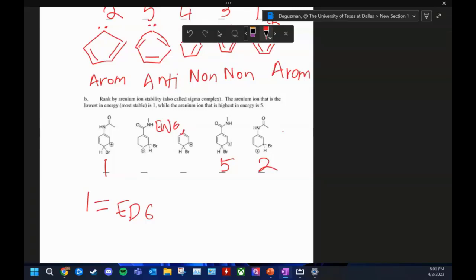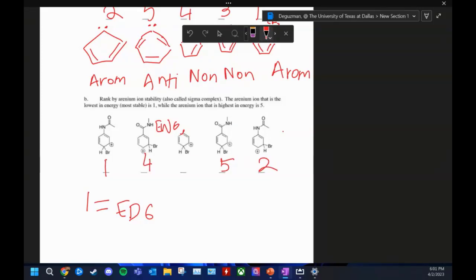I heard both. Anyone want to give their views? Okay, why do you say that? So the electron withdrawing group makes it less stable.